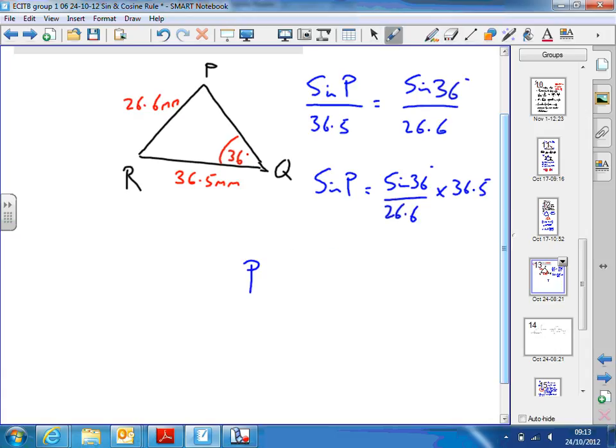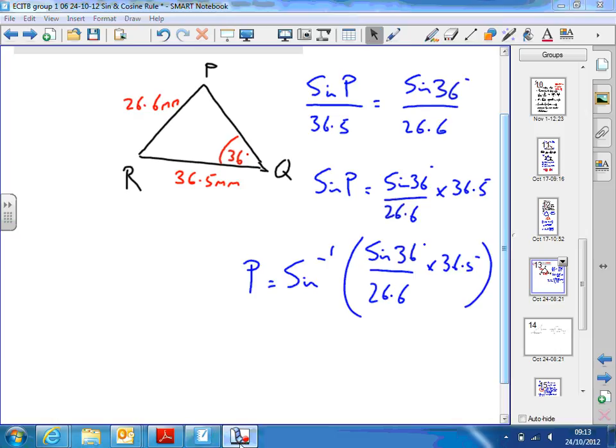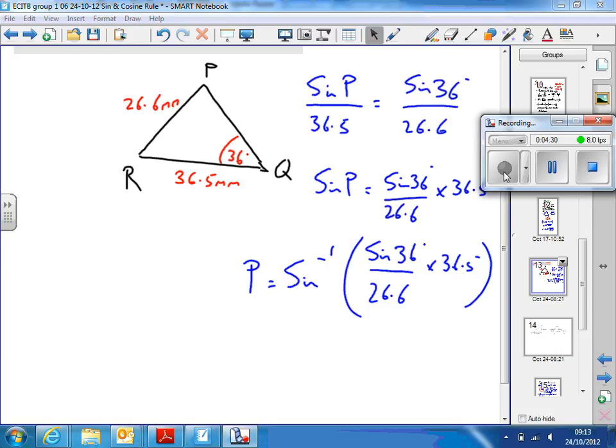We could at this point say, therefore, angle P equals the inverse sine, which will give you the angle. We could try doing that in one hit on the calculator.